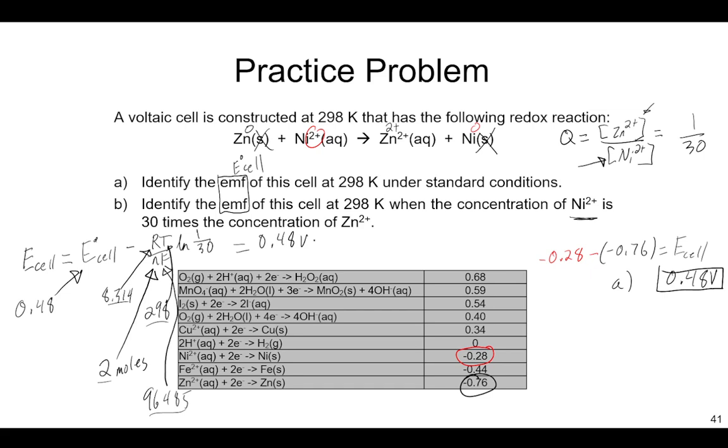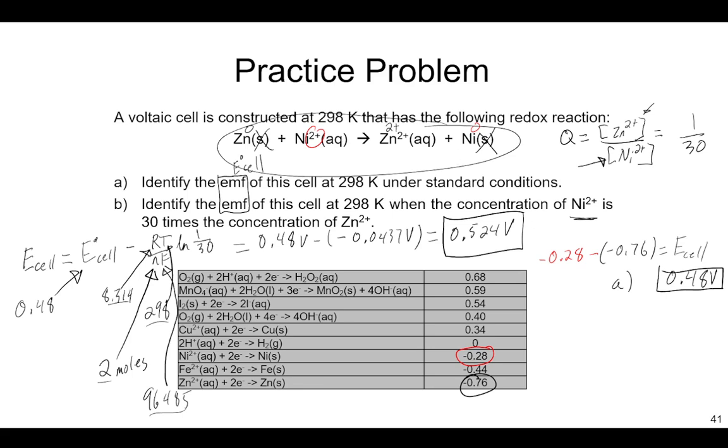And all of that here in the second half of the equation should be negative 0.0437 volts. My standard E cell was 0.48. I'm subtracting negative 0.0437, so I get positive 0.524 volts for this non-standard state cell potential for this particular redox reaction I'm doing in some voltaic cell.